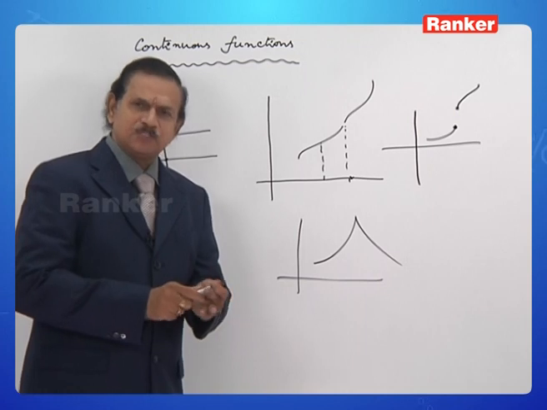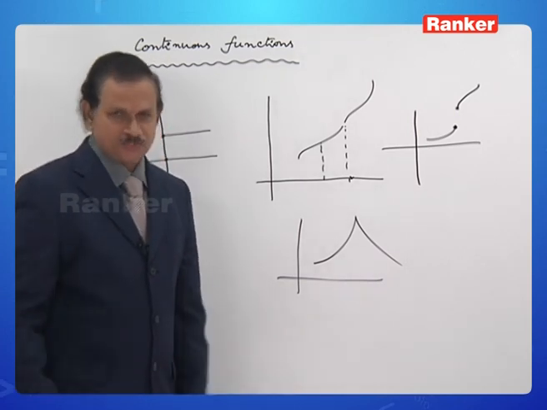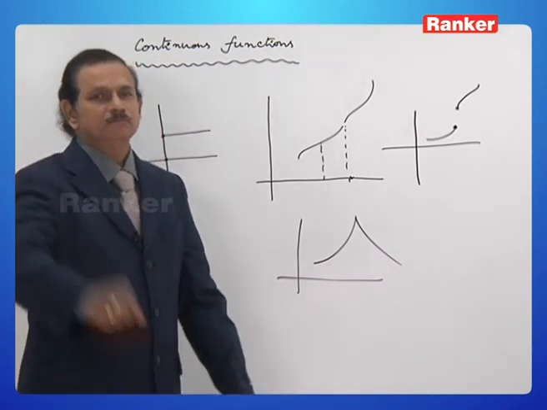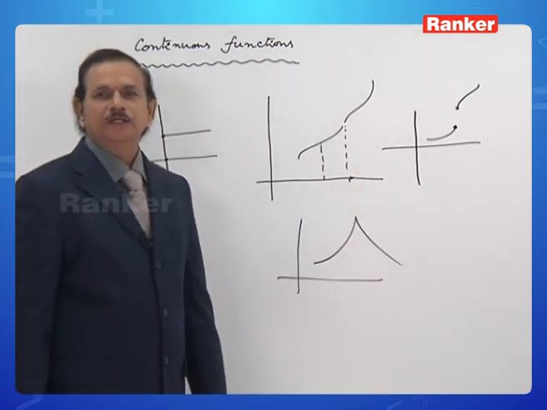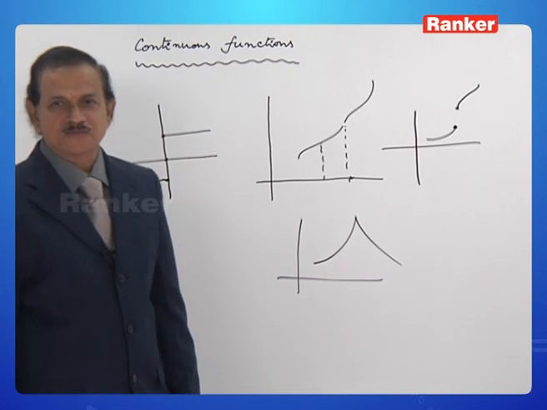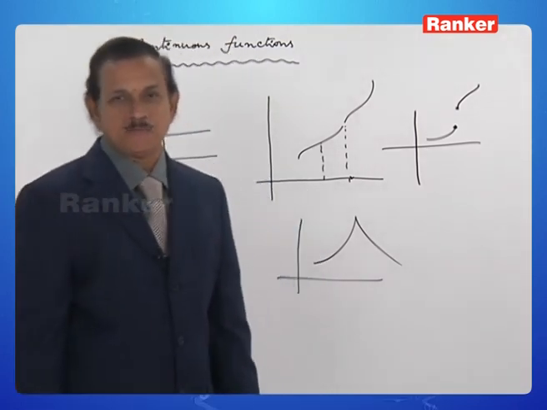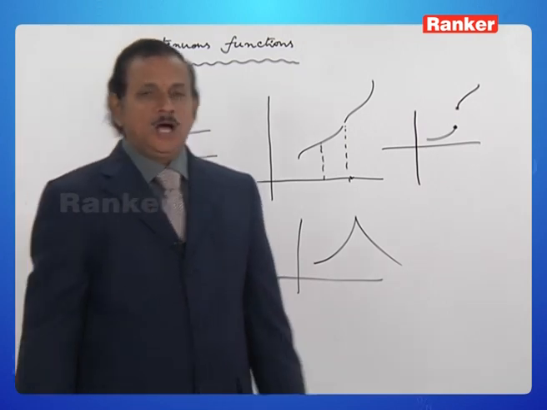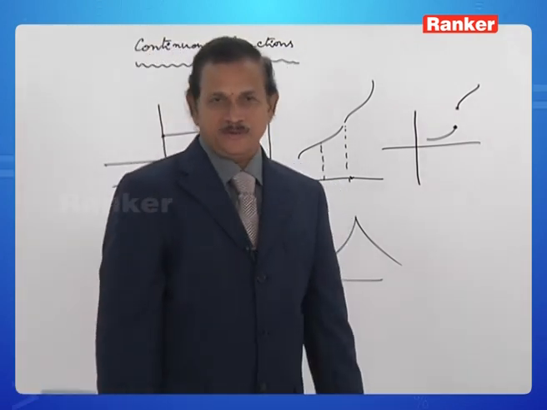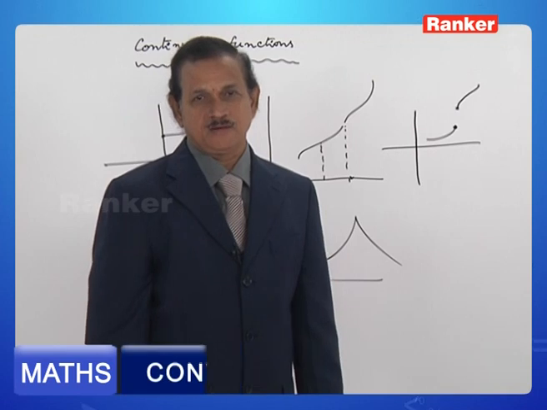Therefore, it can be thought of as a local character only. Continuity is a local character of the function at a particular point or around a particular region. This is the pictorial or conceptual meaning of continuity.